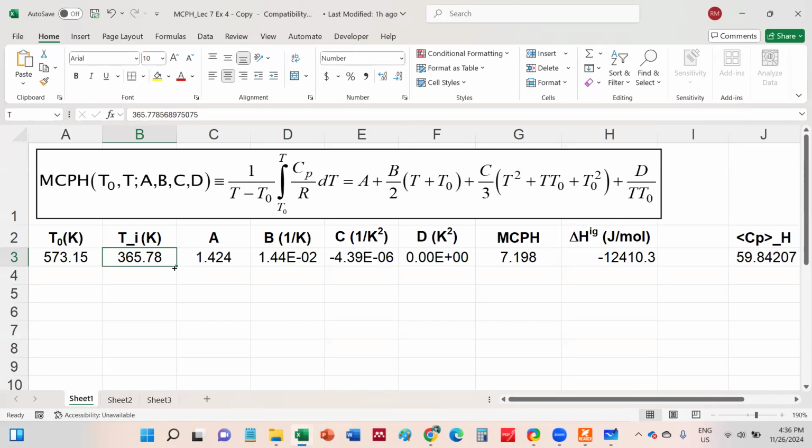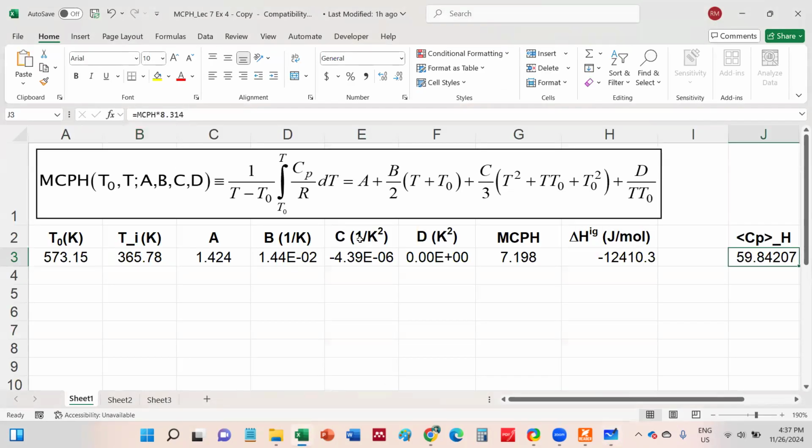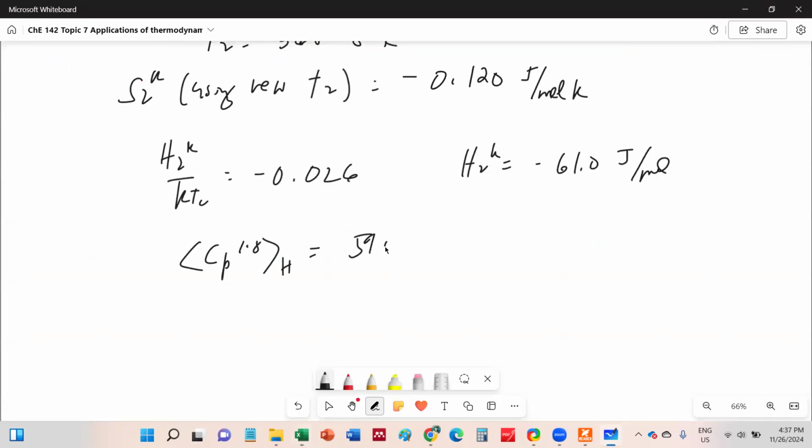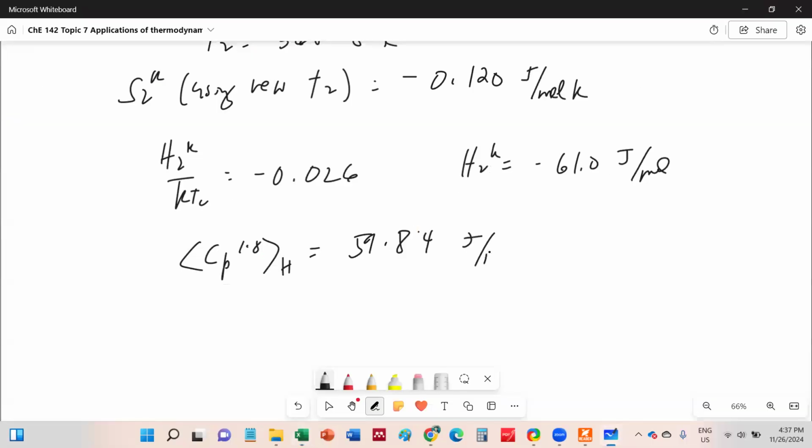In letter A, when we assume ideal gas conditions, the T2 is 370, but this is for the actual. So input that into this equation, what you will get is this CP. You write that CP 59.84 joules per mole Kelvin.